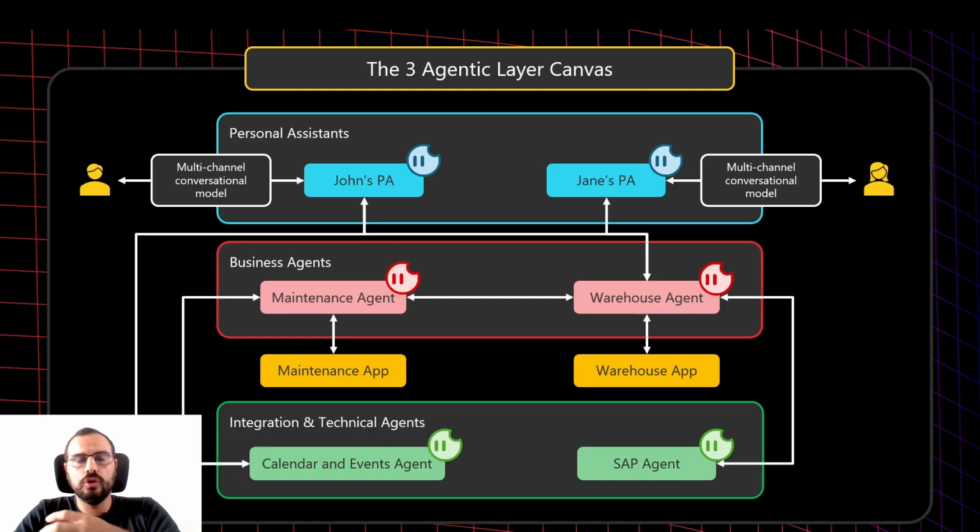Users only talk with their personal assistants, and the personal assistants are the ones that call the business agents according to the needs. So this means that between the personal assistants and the business agents, there will be the need for them to cooperate well. They will need to know what the business agents can do and when to call them with what rules. So this is basically what I'm going to show you guys today.